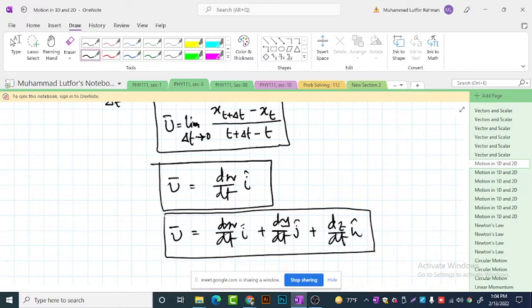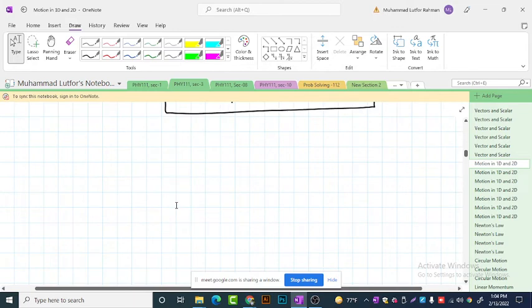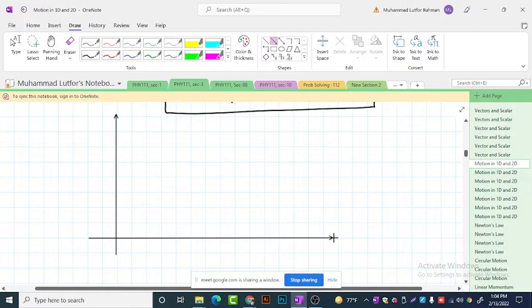Now, what is this physically? Say I'm going to consider a scenario. I'm going to draw a journey, say the displacement versus time graph of a journey. Say this is one-dimensional, so this is my x-axis, and this is my time axis. Say I'm going to label the times t1, t2, t3, t4, t5, and so on.